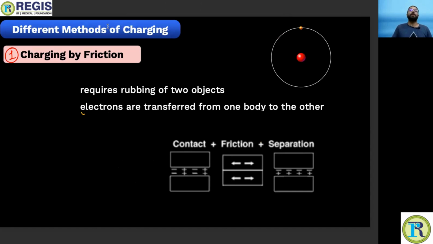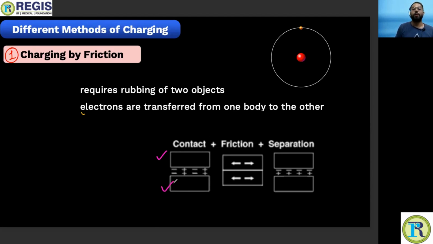Charging by friction means we have to rub two objects with each other, and again there will be transfer of electrons from one body to another. Clear?